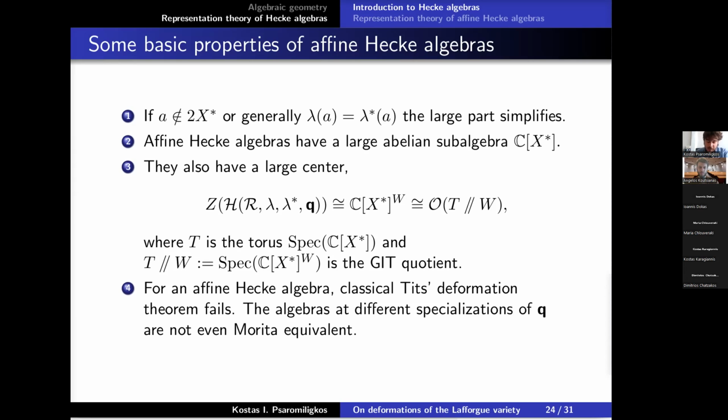There's a great book by Geck and Pfeiffer that has a more general version, and it can still work for an affine Hecke algebra. It will give you that irreducible representations should be the same as a set. Let's say that if you specialize to q not being a root of unity, if you specialize to q outside some particular subset, then you have some version of the Tits deformation theorem. What we will see next time is something more general than that.